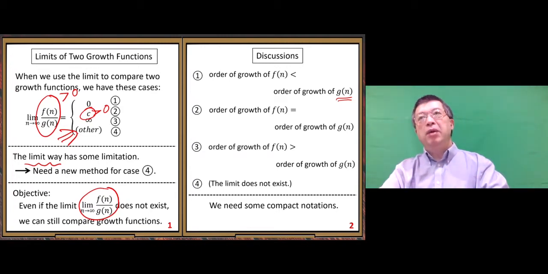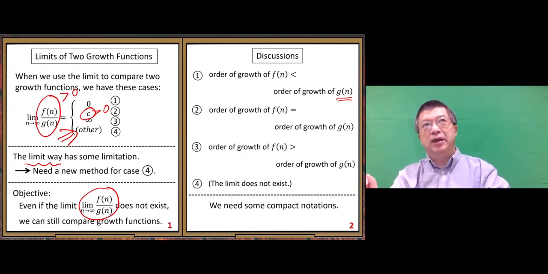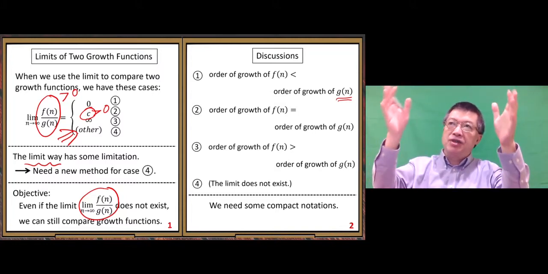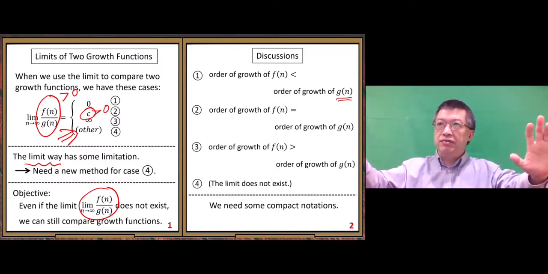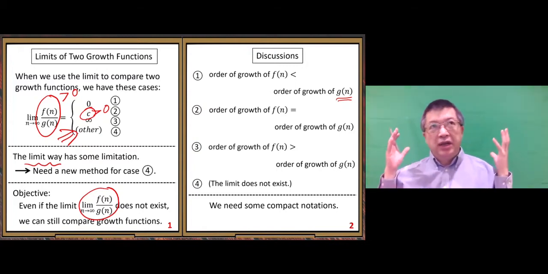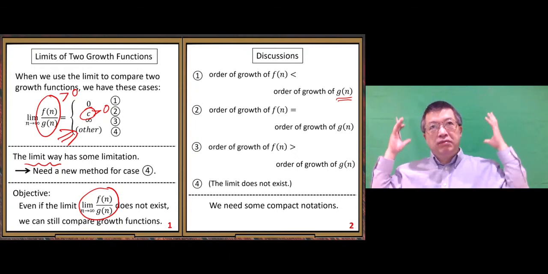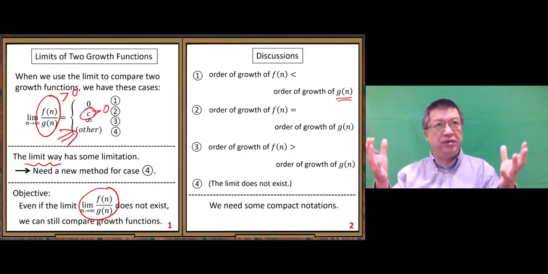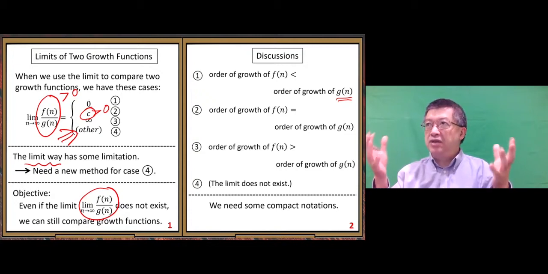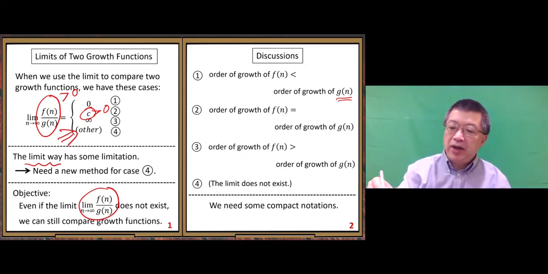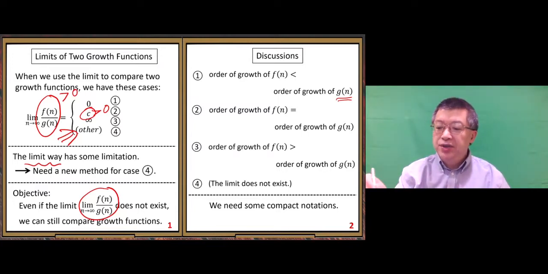But before we go there, in this part we need to learn the asymptotic notations. Before we go to that part, let me give you some reason why we need to introduce new notations, asymptotic notations. So look at this part, case 1, case 2, case 3.